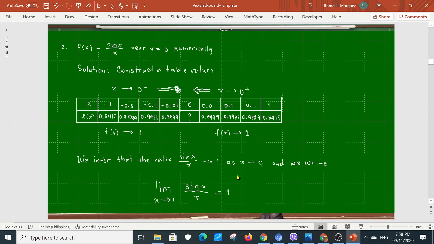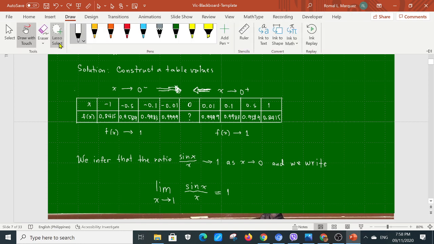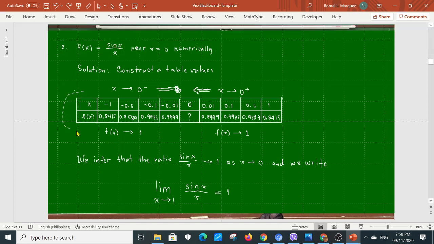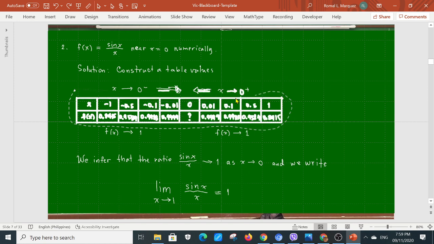Okay, so let's have the last one. I will copy this table because I do not want to prepare the table.